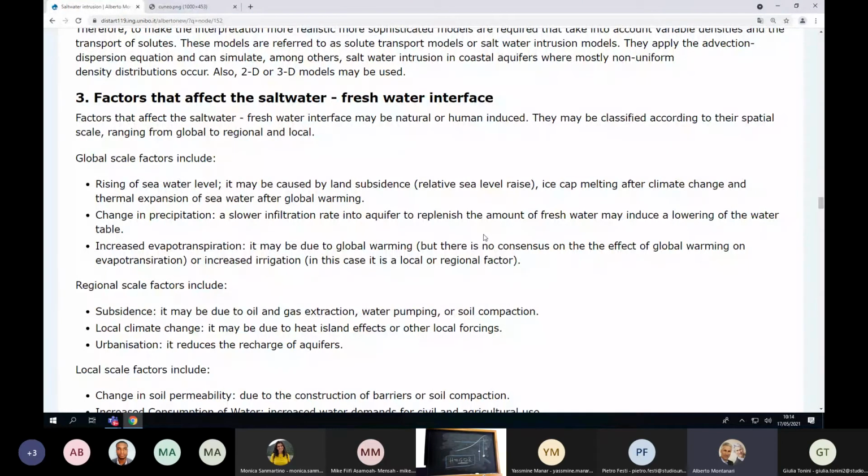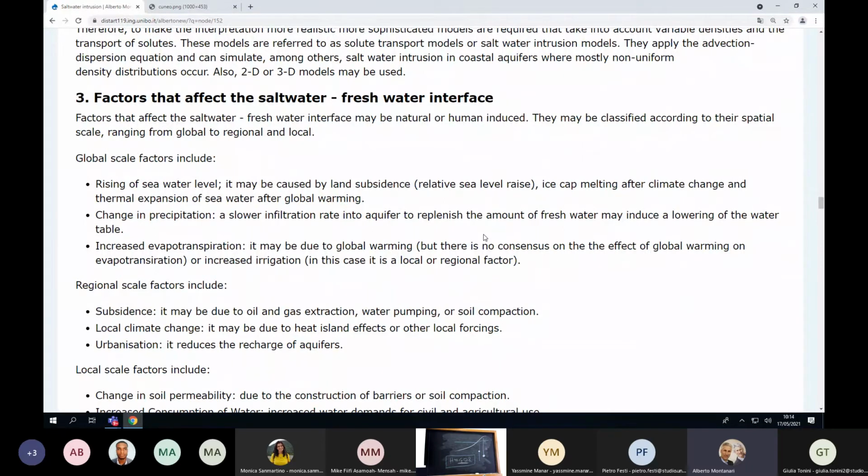Because, of course, very often when we are called to study saltwater intrusion it is because there is a problem. The problem is that, for instance, people found increasing salinity in their tap water, which means increased salinity in the wells.